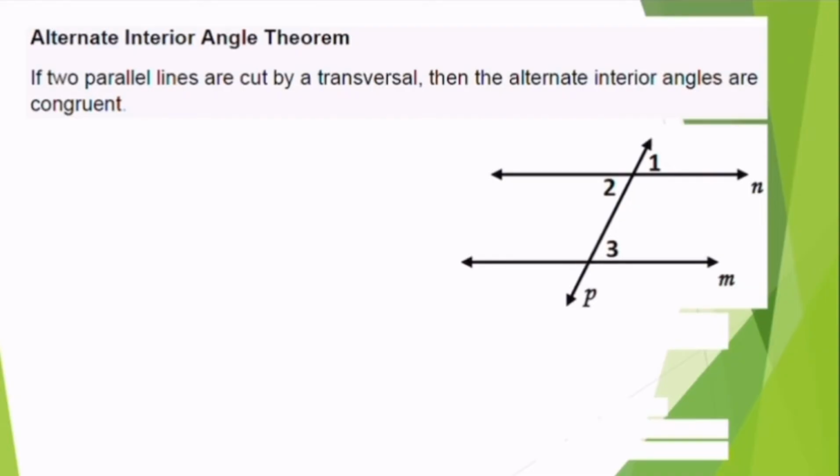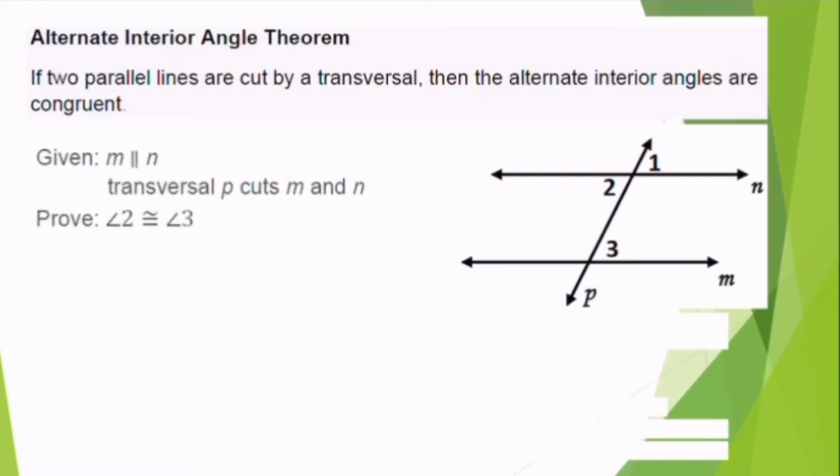Based on the definition, if two parallel lines are cut by a transversal, then the alternate interior angles are congruent. Now, given line M is parallel to line N, transversal P cuts line M and line N. Let's prove angle 2 is congruent to angle 3.